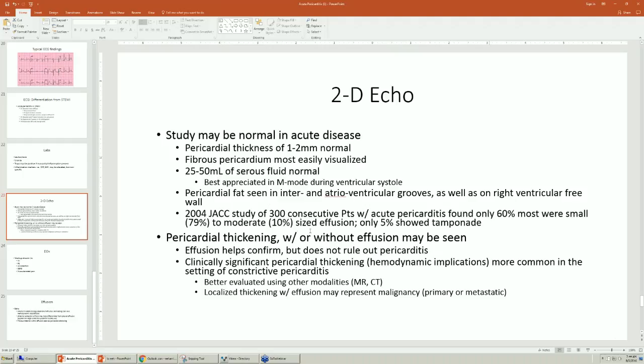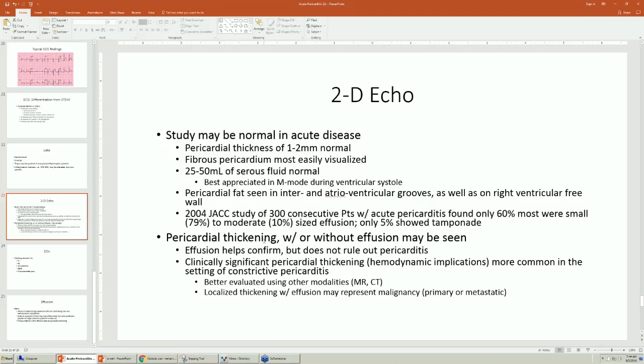Then we've got pericardial effusion presentation and the frequency seen with pericarditis, and you can see that most people with pericarditis don't have much pericardial effusion. Most of them don't have tamponade. Maybe it's something we did, like Lovenox or aspirin. Most of them don't have serious sized pericardial effusions. Then we see pericardial thickening.